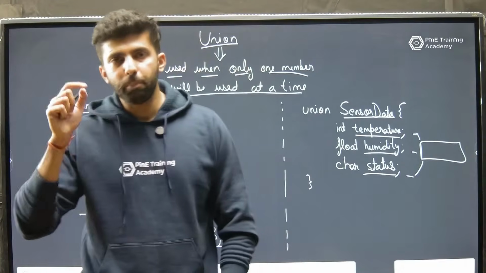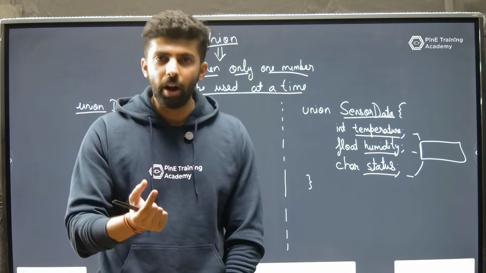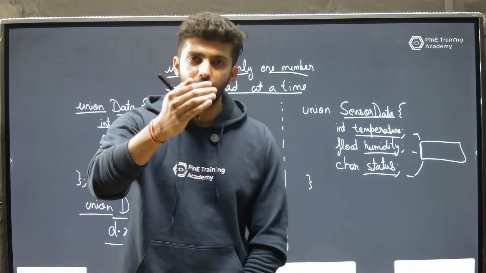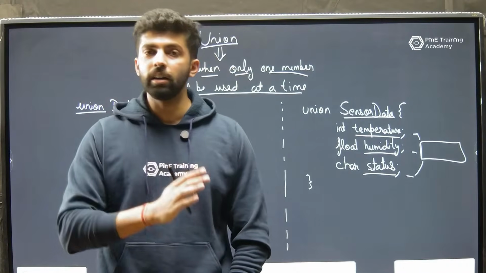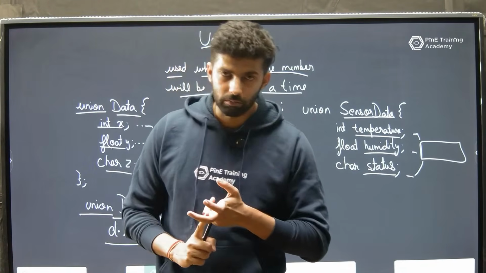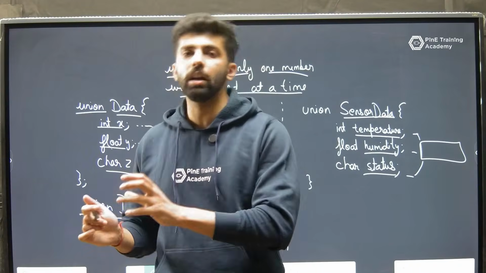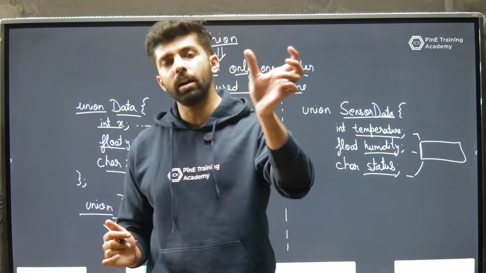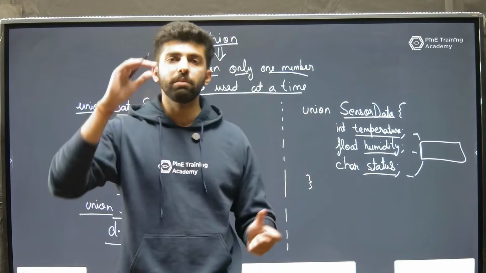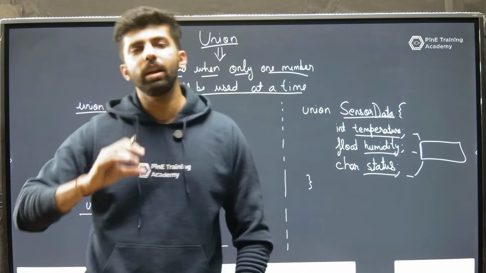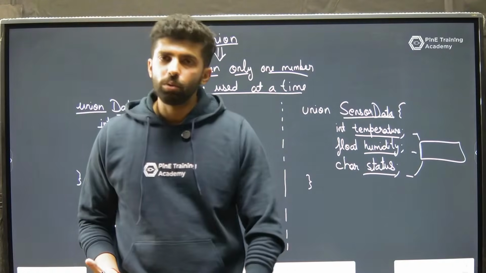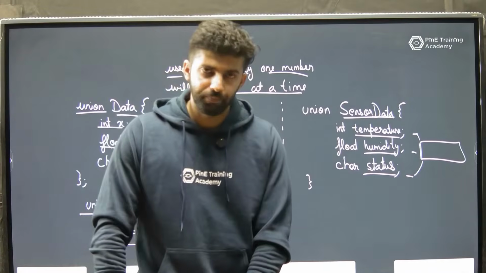Now, at a particular time, an employee will be either a trainee, a full-time employee, or an intern. He cannot be all three of them at one time. If he is a full-time employee, he will not be an intern, he will not be a trainee. So in that case, you can use union, because at one particular time, only one of them will have the value. Okay, so this is the use case of a union.